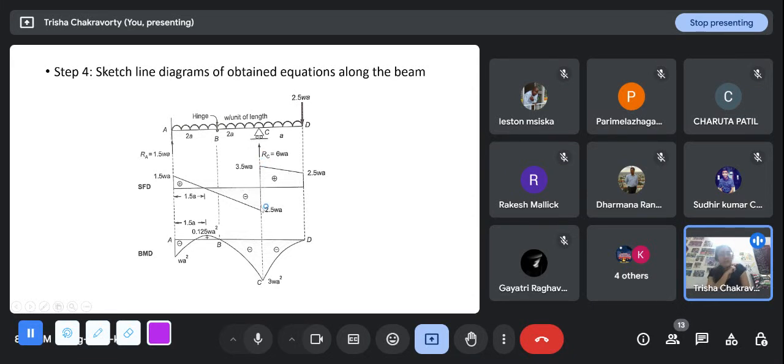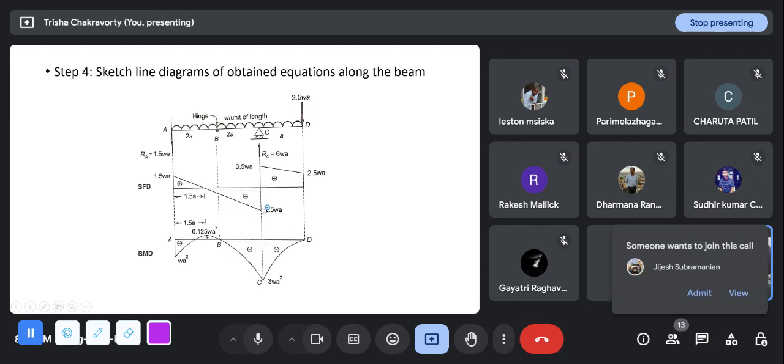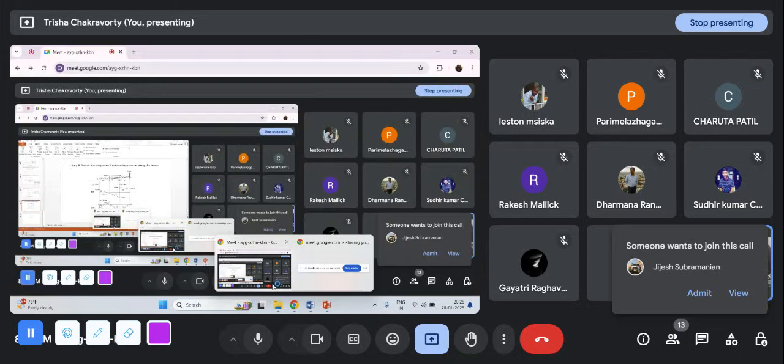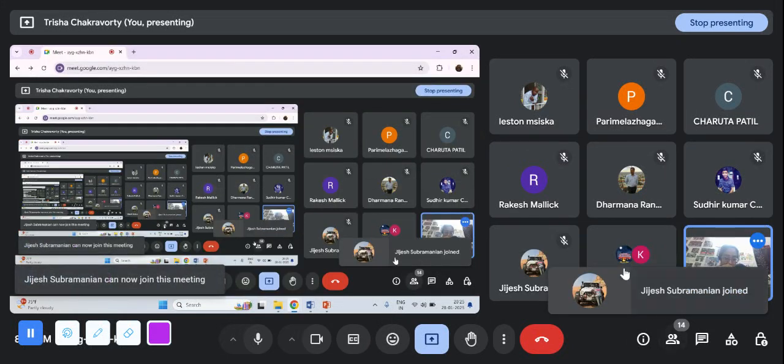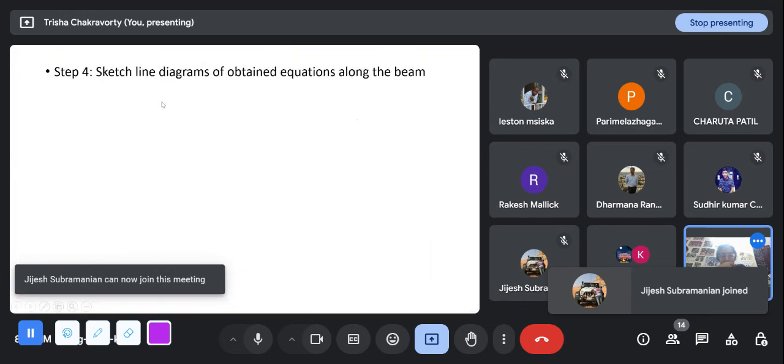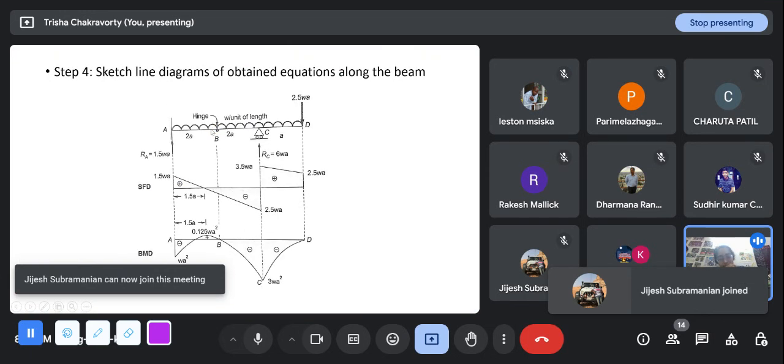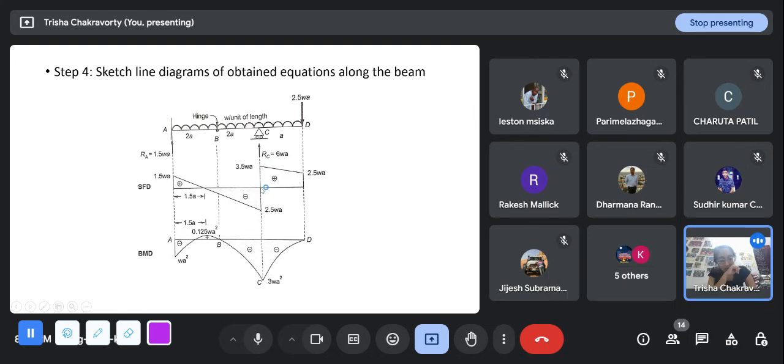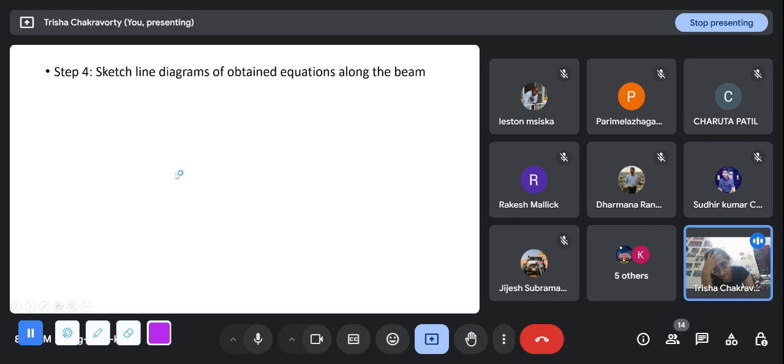Then there is a jump in the downward direction of magnitude RC, 6 WA, in the negative direction, since this force was upward and we are coming from the right side. So here there is a jump, and then again here I have plus 1.5 WA. So I just join this by a straight line, and this is the shear force diagram.